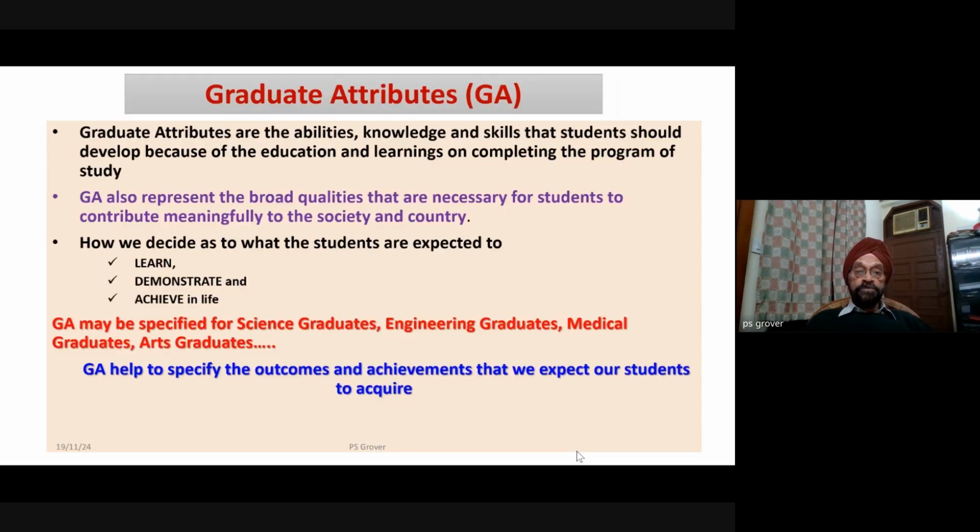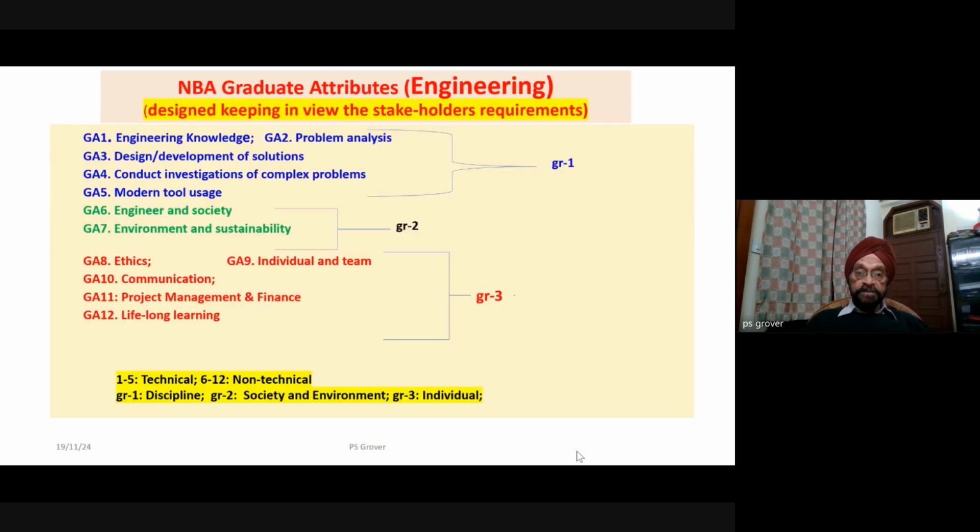Graduate attributes are abilities, knowledge, and skills that students should develop because of the education and learning on completing the program. So the institution defines the graduate attributes, the qualities, and similarly in our context, the NBA has defined the graduate attributes for our engineering program, the BTech program.